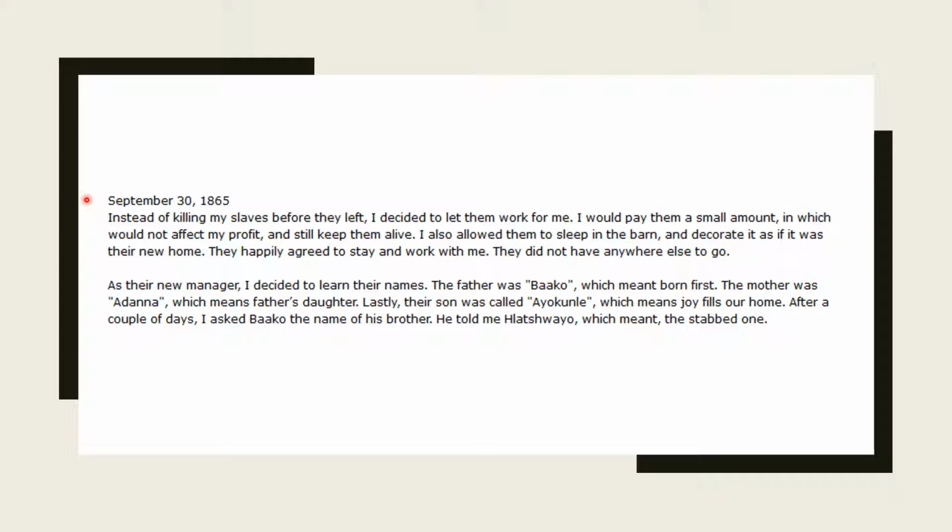The father was Bacco, which meant born first. The mother was Adana, which means father's daughter. Lastly, their son was called Akuni, which means joy fills our home. After a couple of days, I asked Bacco the name of his brother. He told me Tishweo, which meant the stabbed one.